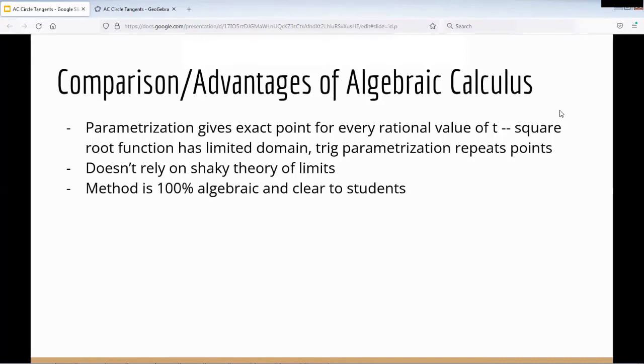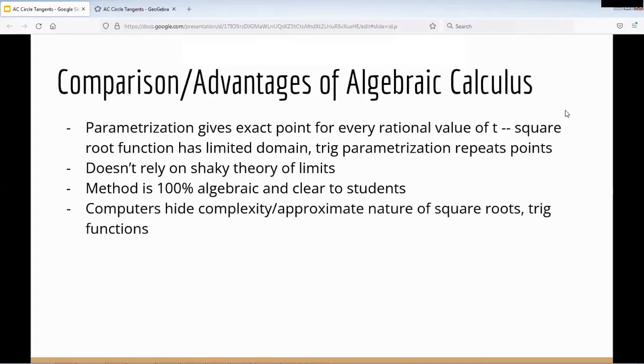Building on that same point, this method is 100% algebraic. You can see what I'm doing every step, and it really just comes down to factoring polynomials. So I just wanted to mention this about when you're dealing with square roots and trig functions. I've already touched on this, but there's an enormous complexity to how the computer is solving these problems.